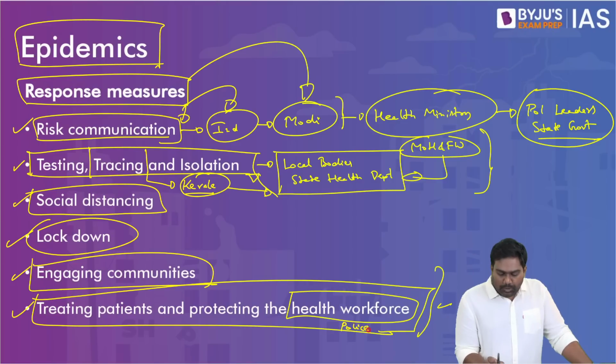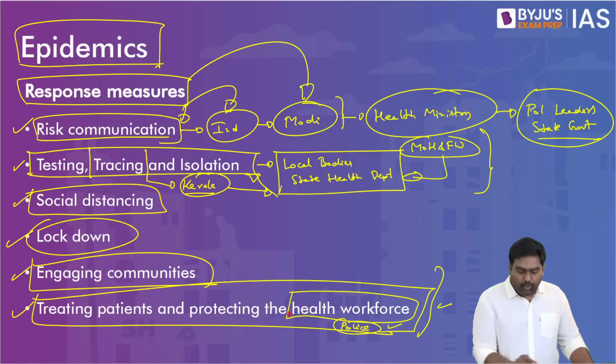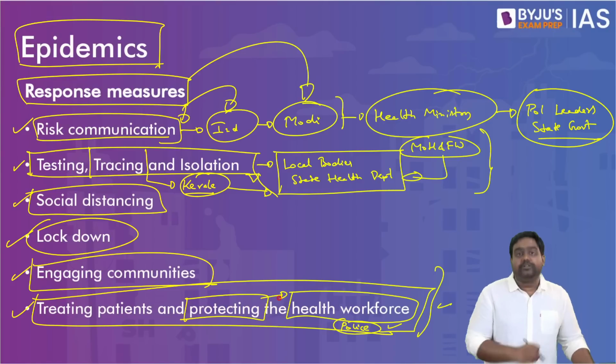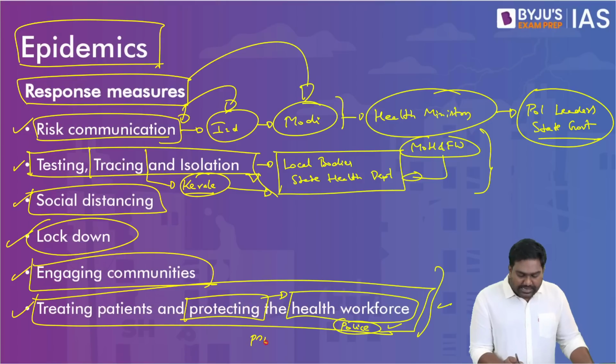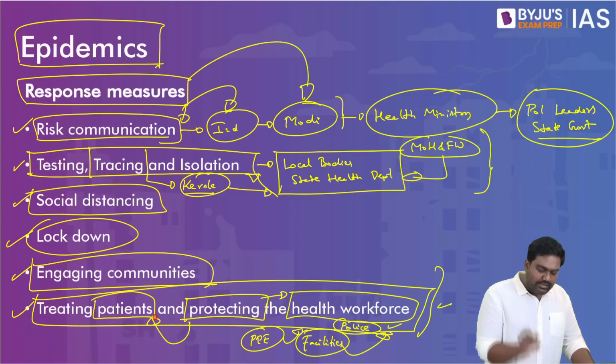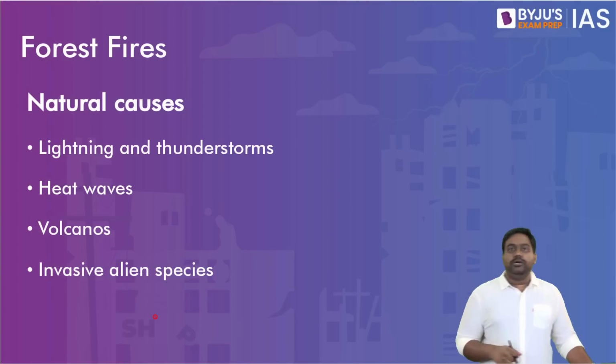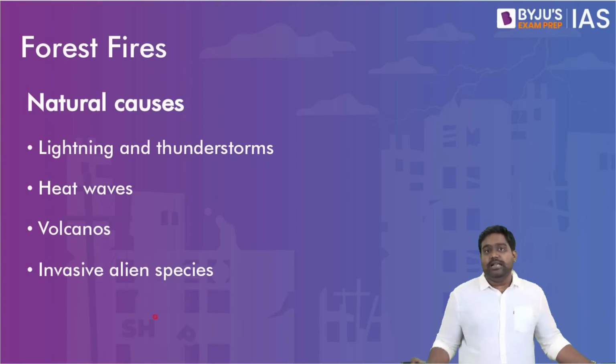Since the first responders are exposing themselves, you need to protect them, respect what they are doing, and ensure they are protected. Give them PPE kits, provide them all the facilities needed because they are in the line of fire, and ensure that patients get the right treatment. So, all these are lessons that we should draw from the latest epidemic and pandemic we dealt with, right?